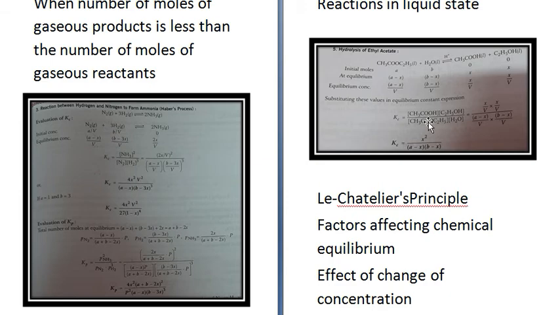Now, Kc will become equal to, if you substitute the values, x upon V into x upon V divided by (a minus x) upon V into (b minus x) upon V, which will come to x square divided by (a minus x) into (b minus x).